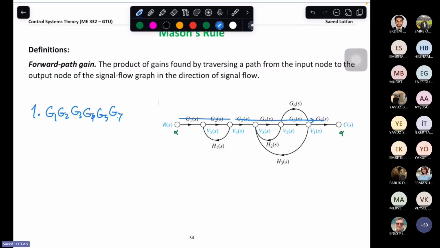The second one goes this way, from up: G1, G2, G3, G4, G6, G7. This is the second step: after finding the loop gains, you find the forward path gains.